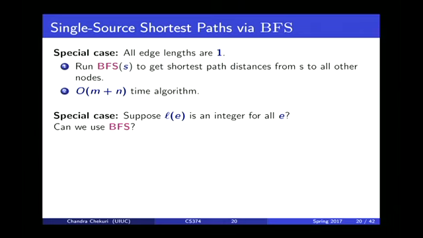Okay, suppose I told you that the edge lengths are all integers, and you want conceptually to understand the problem, what would you do? Suppose I tell you that all the edge lengths are between 1 and 10.